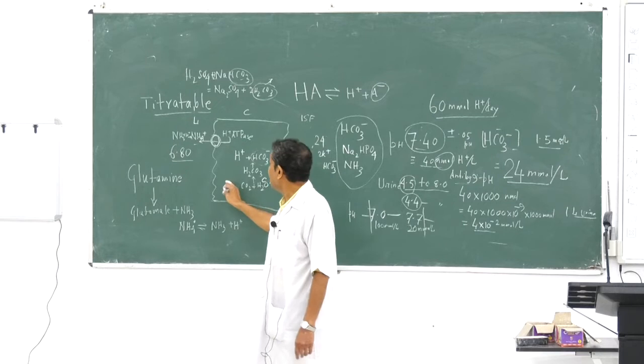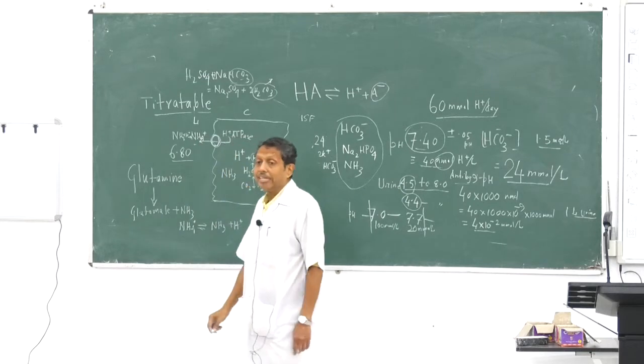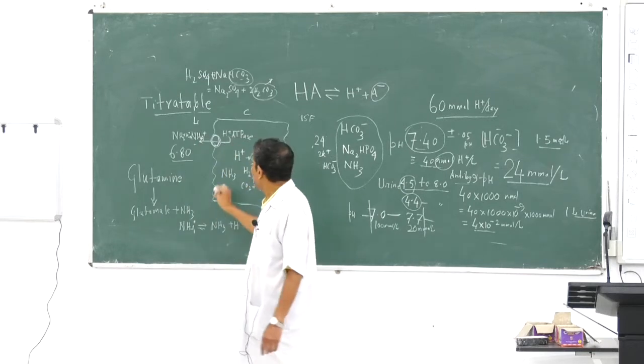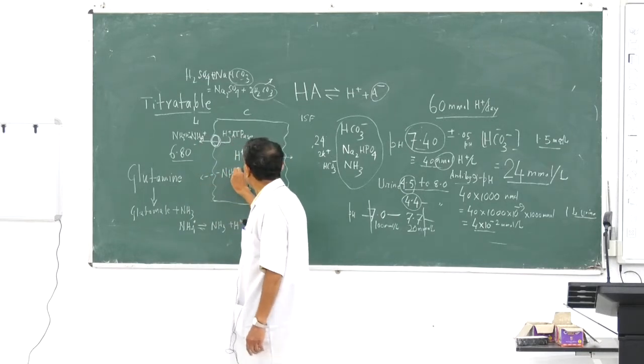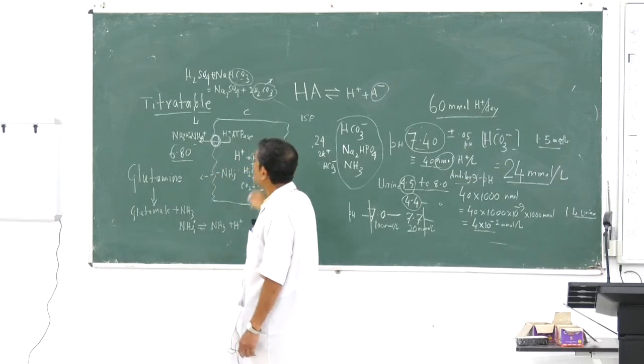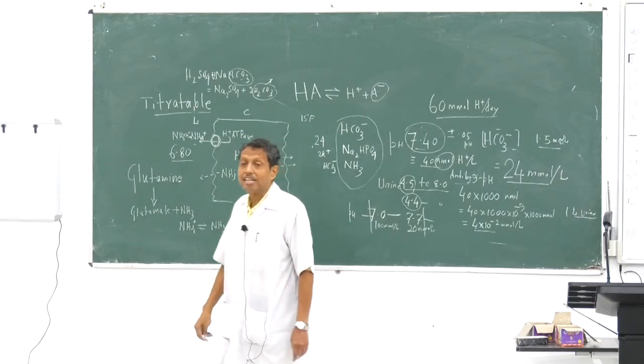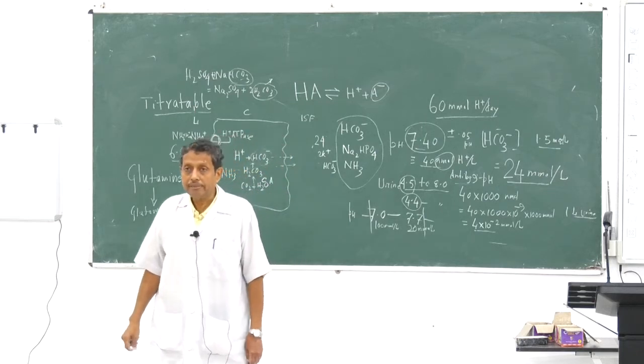Within the cell, NH3 is easily diffusible into the lumen and also into the interstitial fluid. Everywhere it has the capacity; it can cross any biological membrane easily.